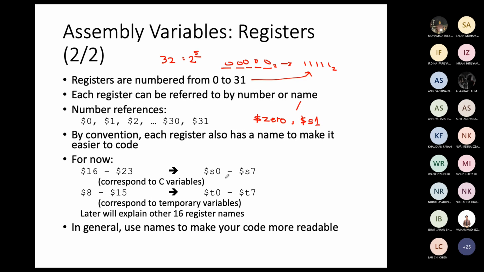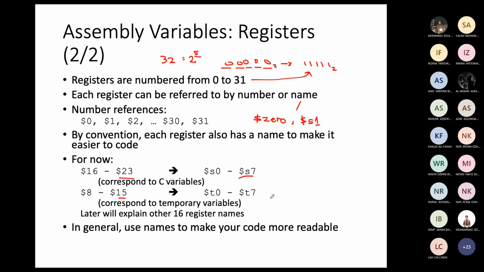So 17 is $S1, and then 18 is $S2, and so on until register 23, which is $S7. And for register 8 until register 15, the names of those registers are $T0 until $T7.